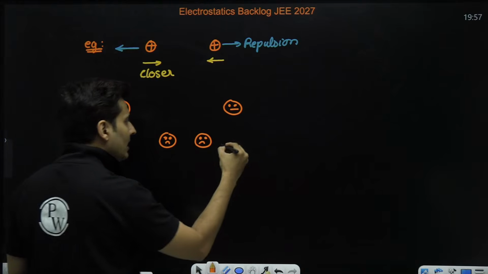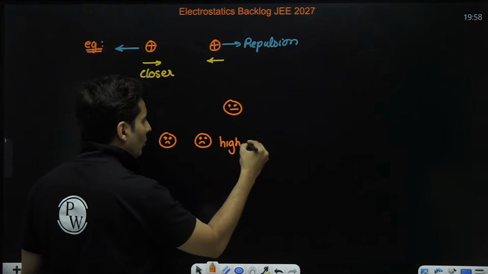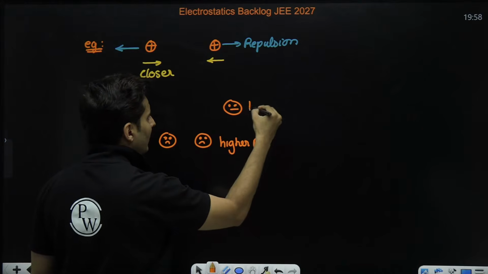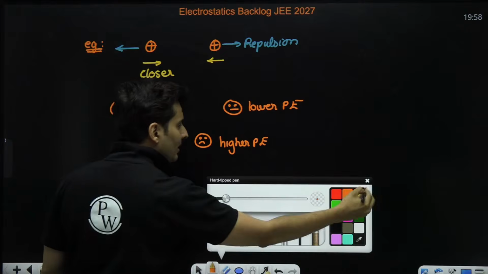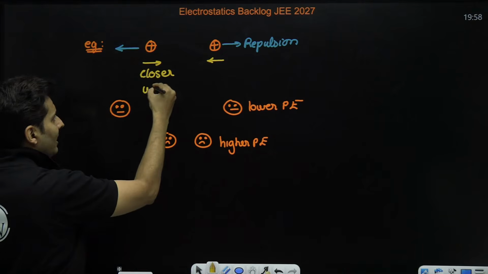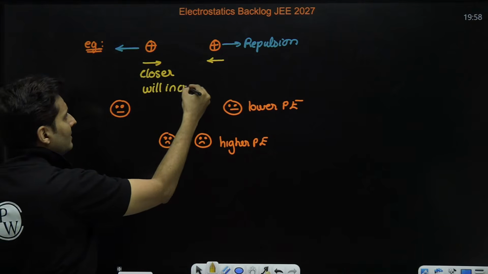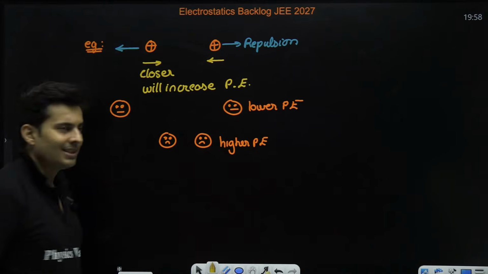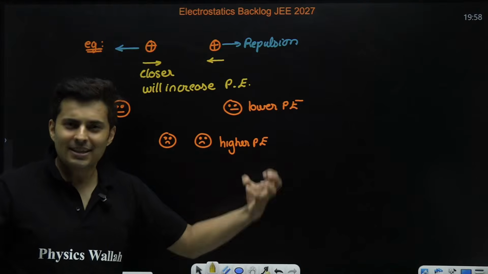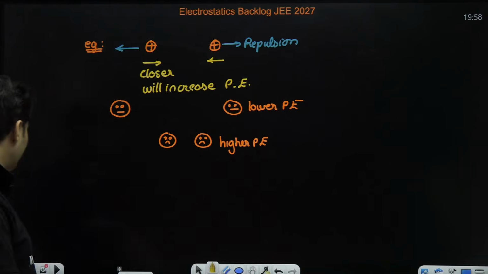So definitely it has higher potential energy, whereas this has lower potential energy. So bringing them closer will increase the potential energy. Is that right? So you have to feel it. Yes, it's against its will.